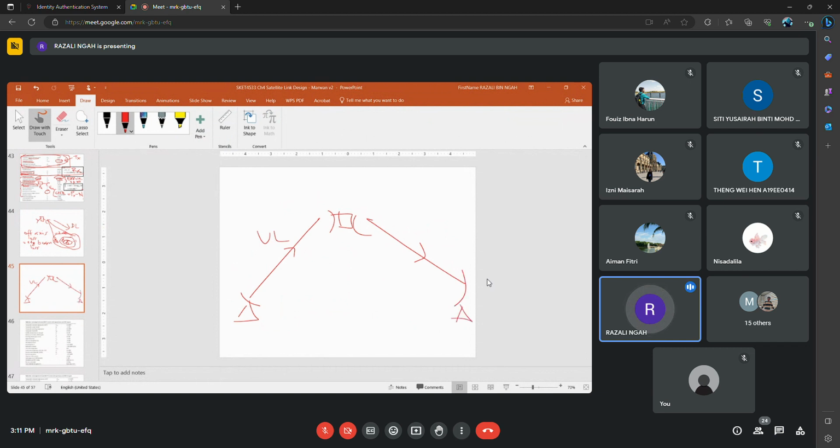For uplink, we start with the PT in the Earth station. So we have PT, then until we have GR here. So at the output of the antenna, we will have receive power.